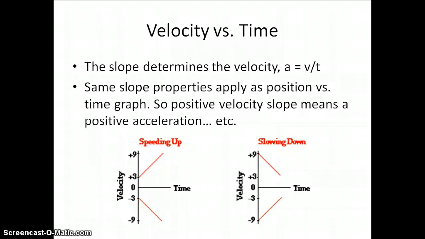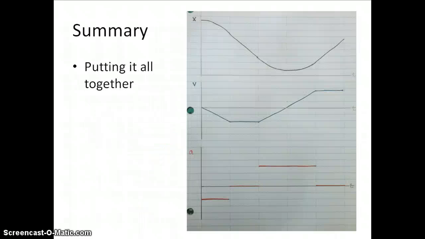So now let's put this all together. If I give you a graph that looks something like this right here, and it's a position versus time graph, and I want you to graph the velocity versus time and the acceleration versus time. What we can start out with is, as you see, I've broken it up into little parts, according to how the object is moving.